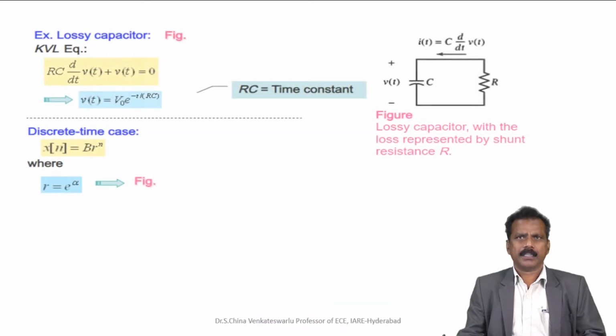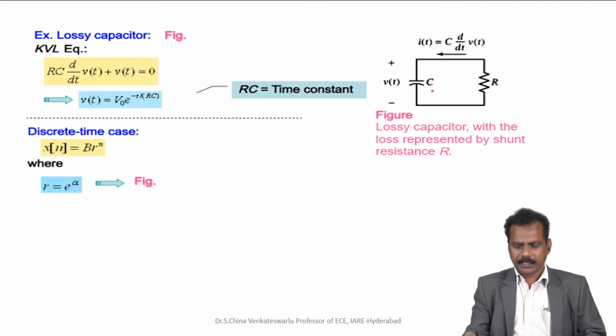Consider a lossy capacitor circuit, where the current is i of t equal to C into d by dt of v of t.